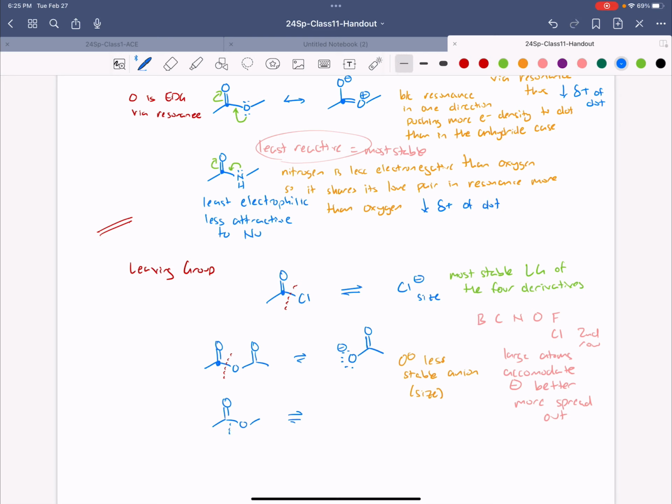It's an alkoxide, O minus. And it's even less stable because there is no resonance. See, this carboxylate has resonance. So this alkoxide, the last one, has no resonance.